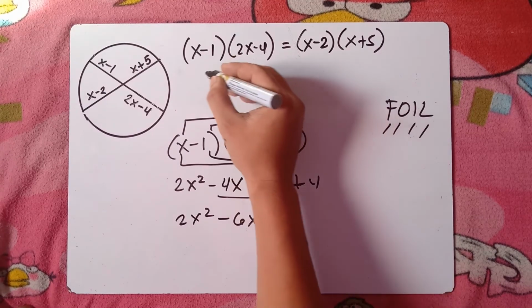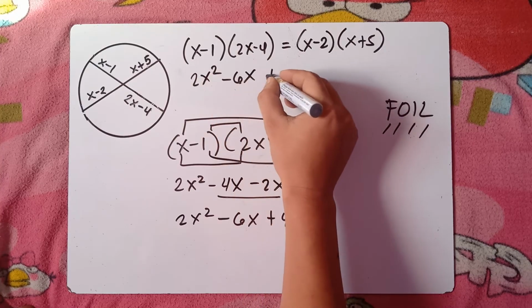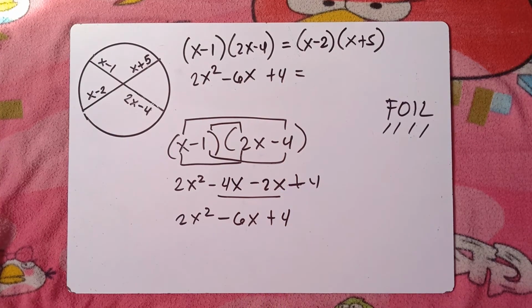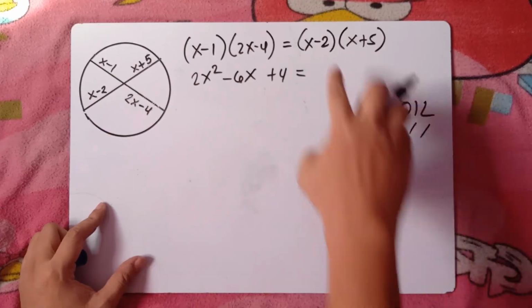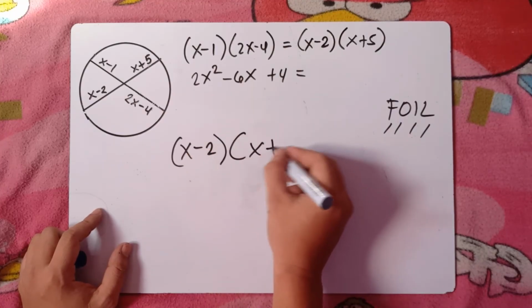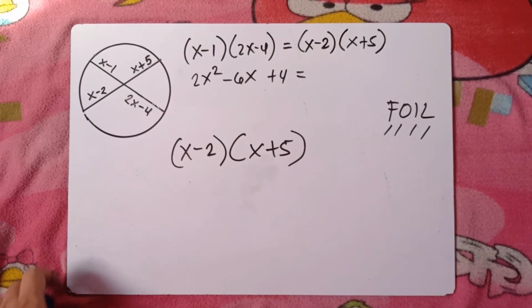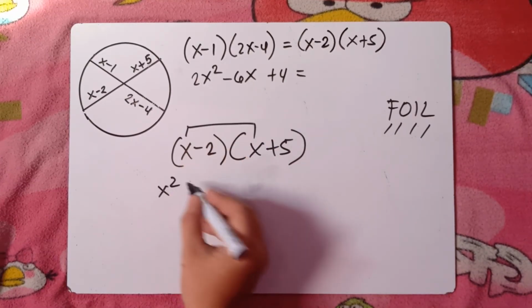So this is 2x squared minus 6x plus 4 equals. Next, we multiply this one, x minus 2 times x plus 5. So this will be x times x is x squared.